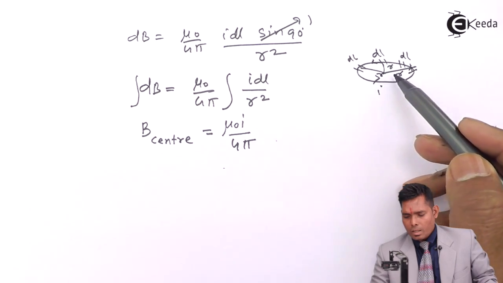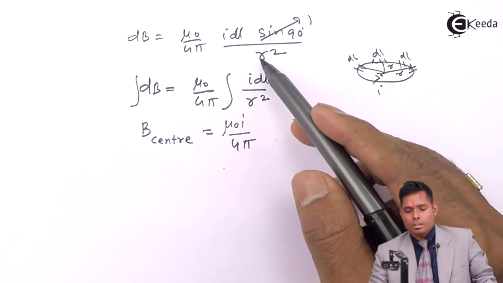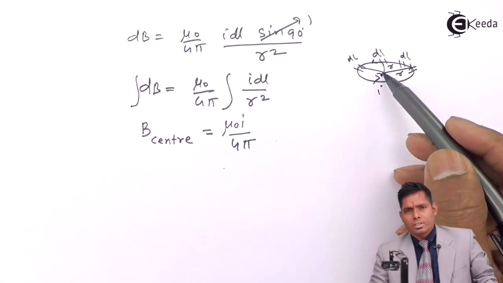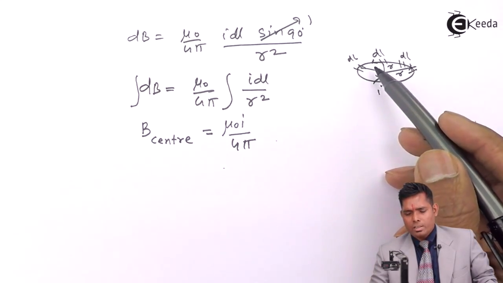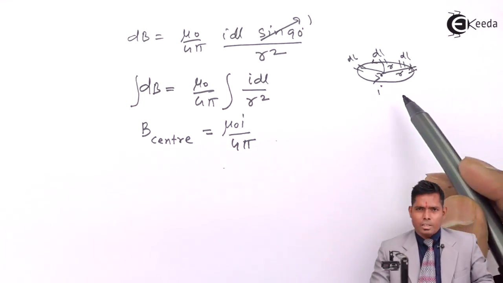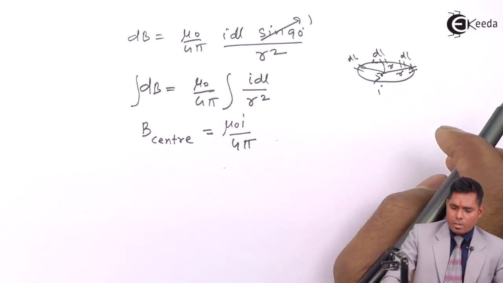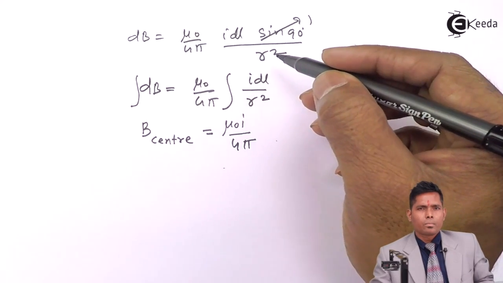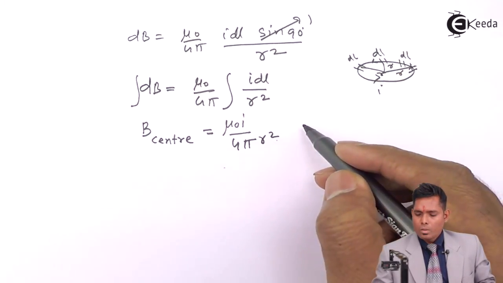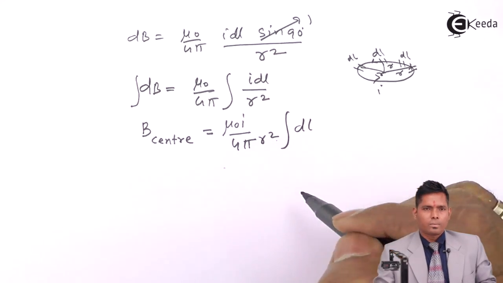The magnitude of r is not going to change; r as a vector will change direction, but we are concerned only with the magnitude part. So r remains the same and is also taken out of the integration. Only the dl integration is left.